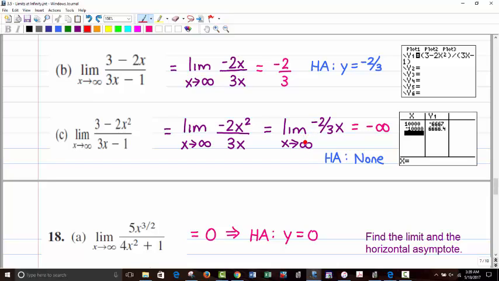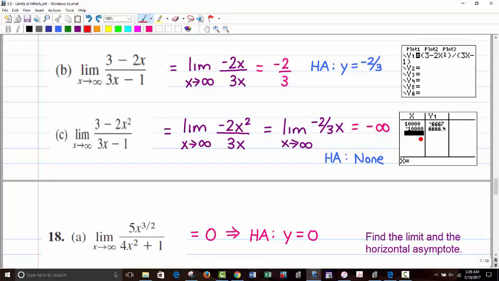Here's where that negative is going to be really, really important. When you plug infinity in there for x, that's going to be positive infinity. But the 2/3 itself doesn't matter. It's the fact that it's negative 2/3. The negative is what's key here. You can ignore the 2 and the 3 as long as you don't ignore the negative. So that one actually changes over to negative infinity.